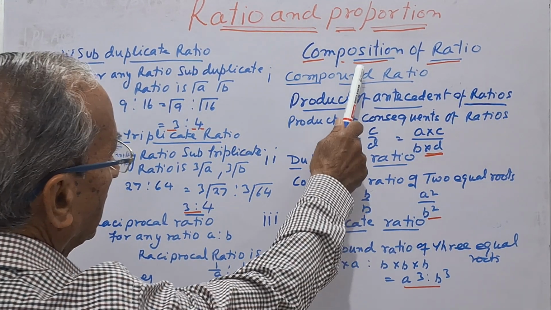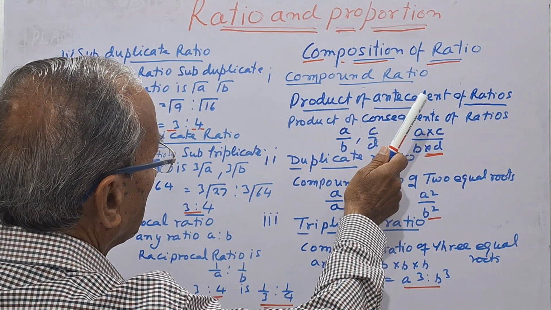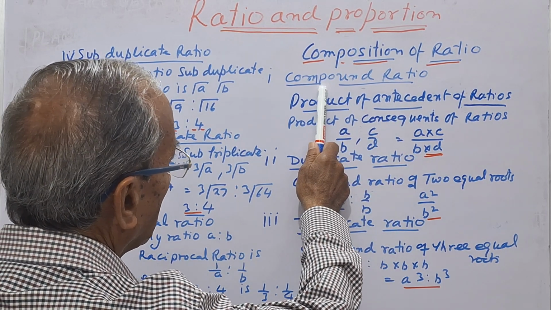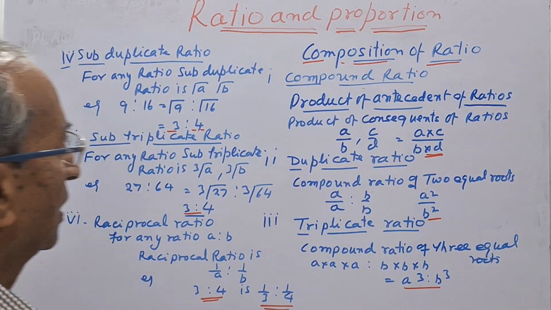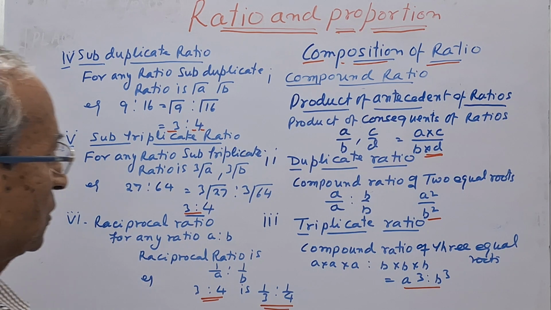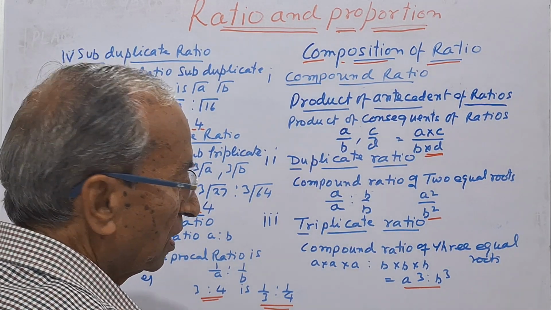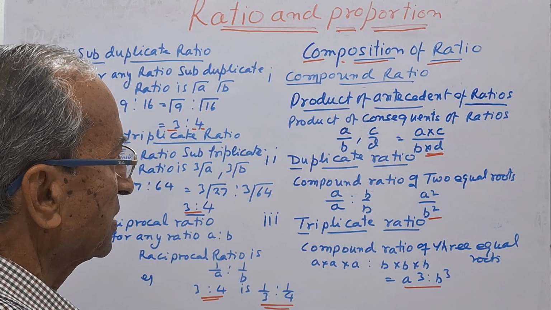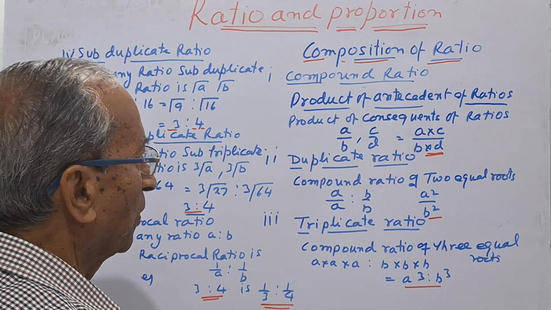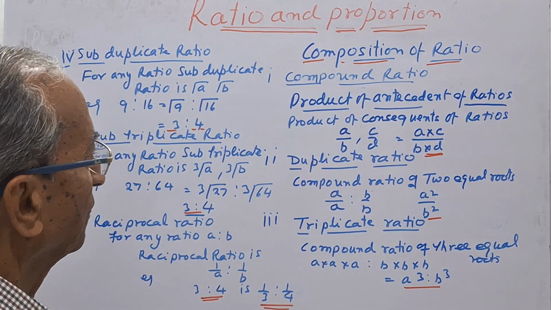See, in composition of ratio, first is compound ratio. Compound ratio indicates the product of the antecedents and the product of the consequents.